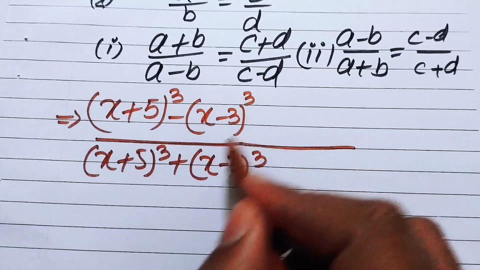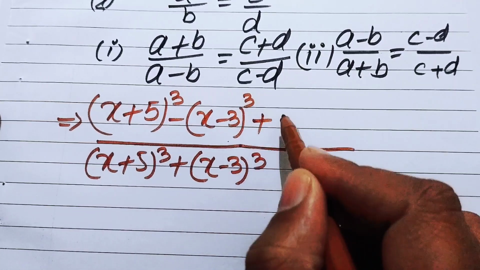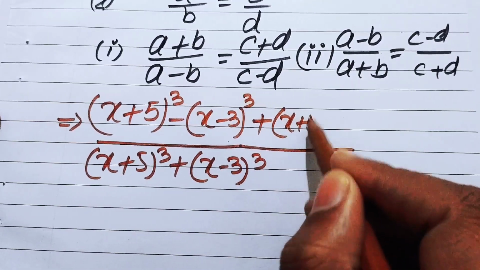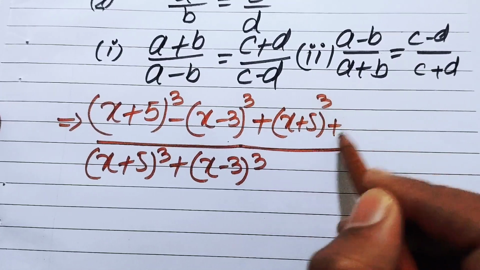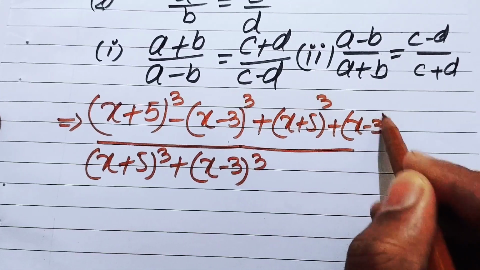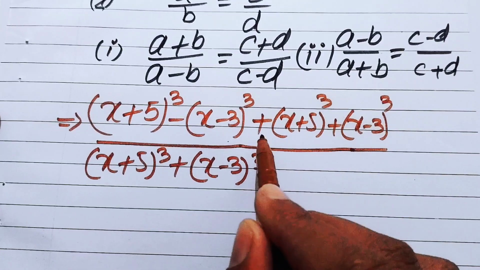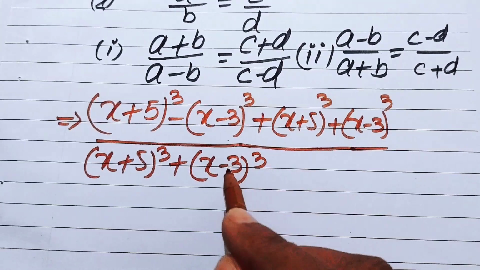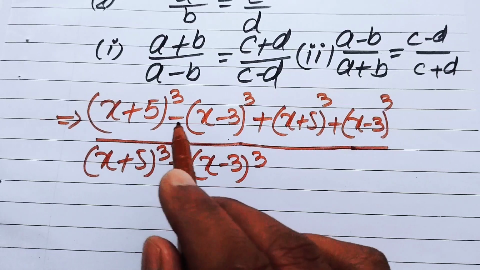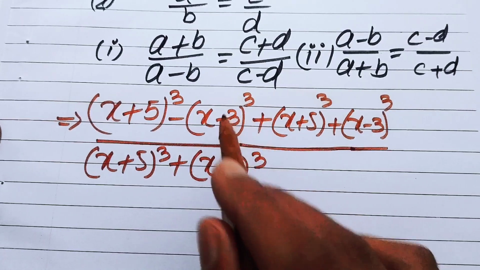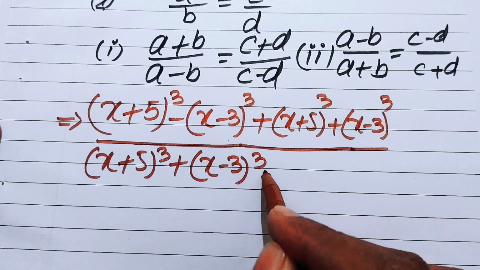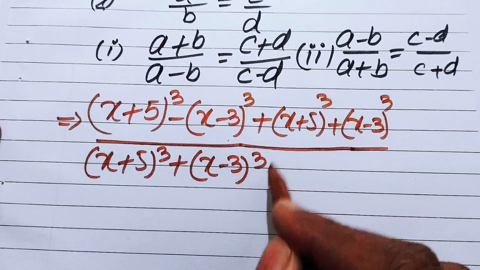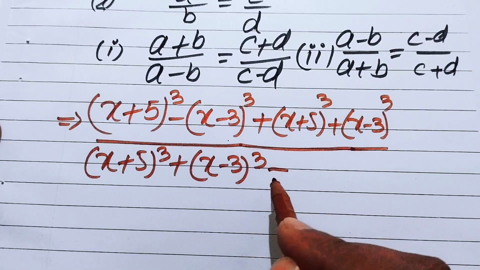First we add the denominator to the numerator, so it is (x+5)³ + (x−3)³, and in the denominator we write the term as it is, with the sign changed to negative.